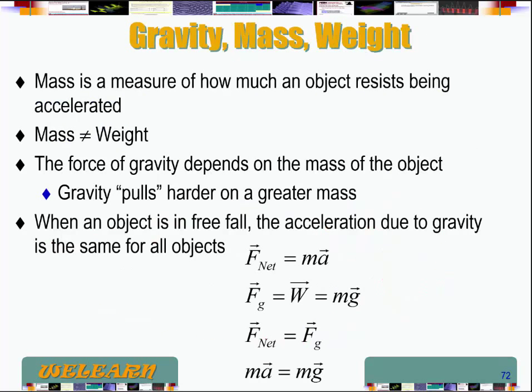Now, let's discuss a few things here. First, what's the difference between mass and weight? Mass is a measure of how much an object resists being accelerated. It is the amount of matter.